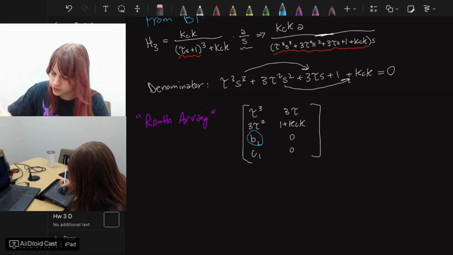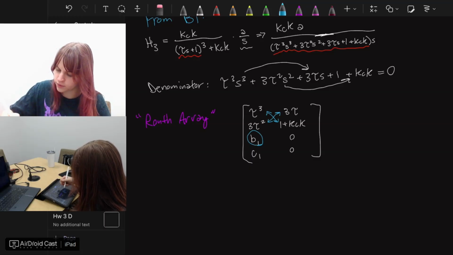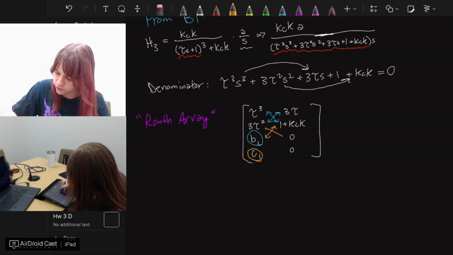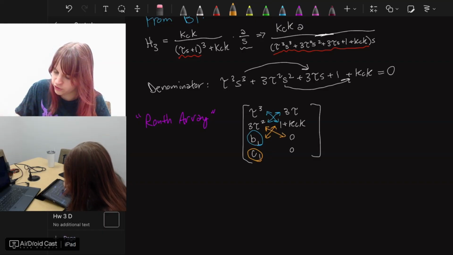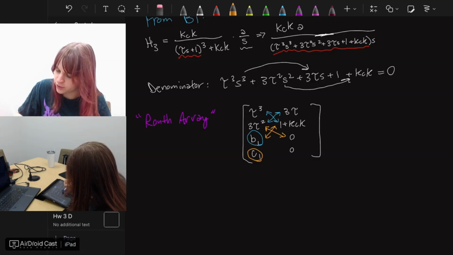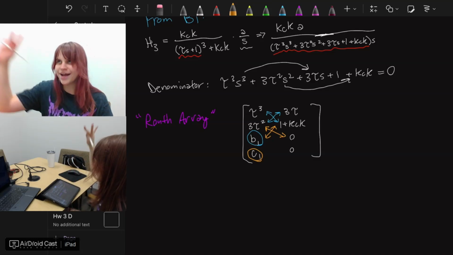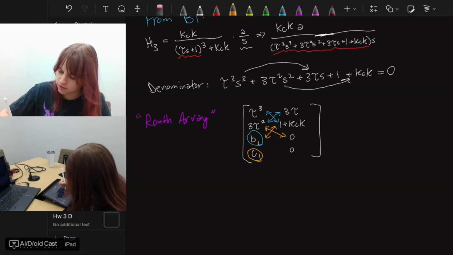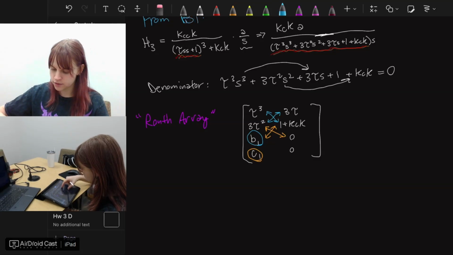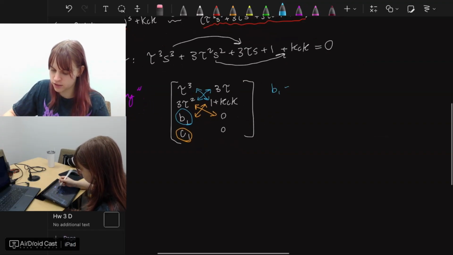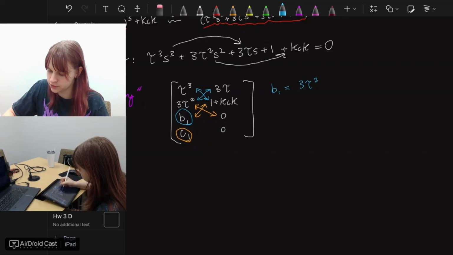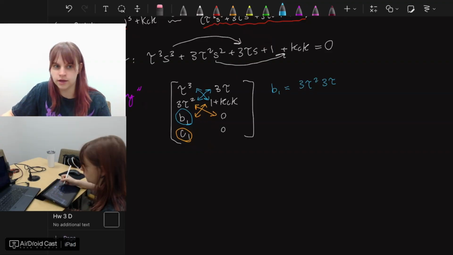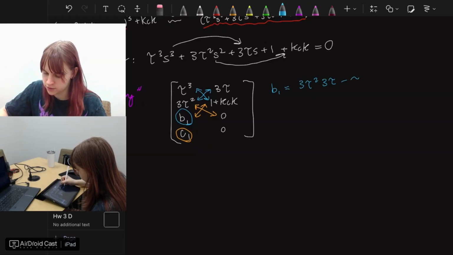For B1, we're going to cross multiply these terms that I highlighted, and for C1, we're doing these terms. So it is the term above multiplied by its diagonal, and the same with the other diagonal. Then B1 is equal to 3 tau squared times 3 tau, then we subtract the other diagonal, tau cubed times 1 plus KcK.